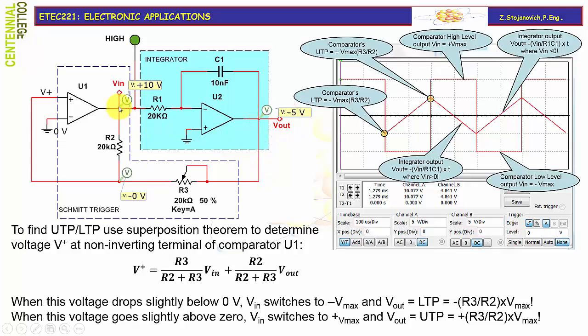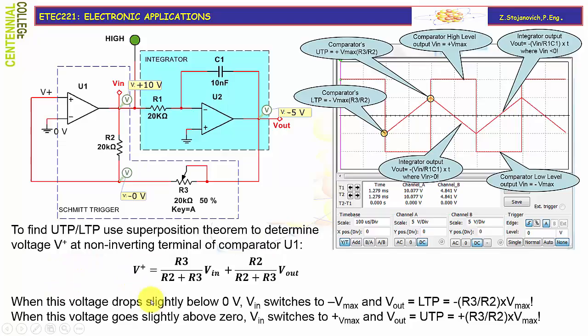Now the first one is given with the voltage divider R3 over R2 plus R3 times total input voltage Vn, and the second one is given with the voltage divider, which is R2 over R2 plus R3 times total applied voltage Vout. So this voltage at the non-inverting terminal will have those two parts. We use superposition to find the total.